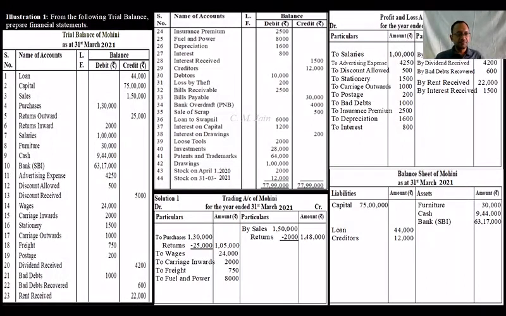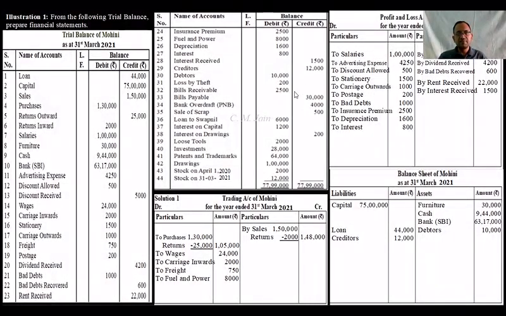Then debtors, opposite of creditors. These are assets. So in balance sheet asset side, debtors 10,000. Then we are given loss by theft.